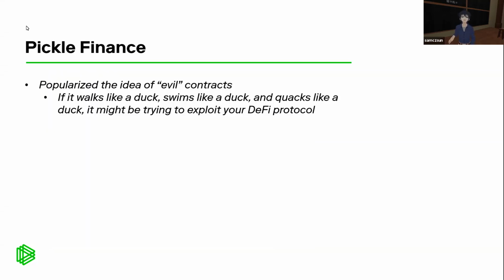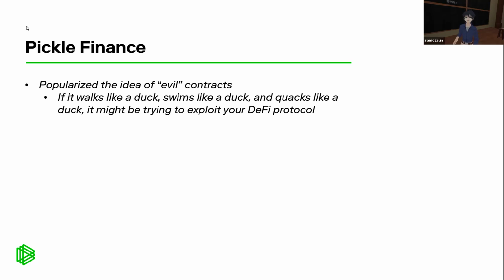It also popularized the idea of these evil contracts, which, as we saw earlier, the attacker deployed two. One was the evil underlying, and the other one was the evil jar. These evil contracts are basically contracts that meet the interface definition for some contract, but do something wildly different.